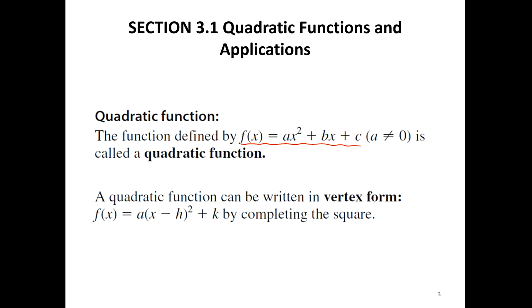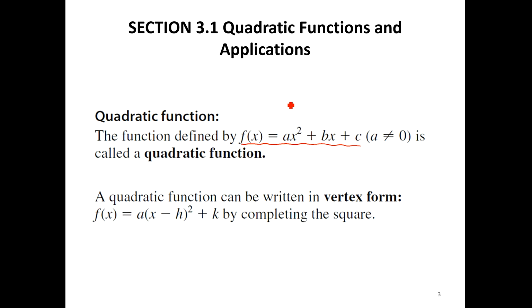This is the coefficient of x squared. This is a polynomial, but if we have a polynomial with degree 2, it is called the quadratic function. The quadratic function is a parabola.